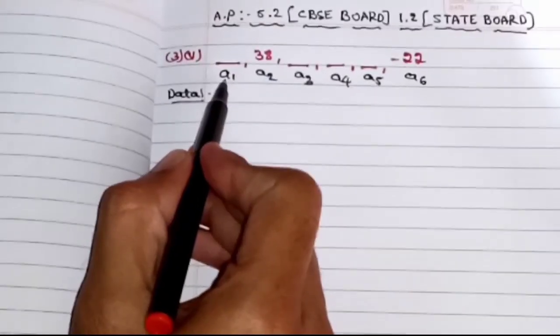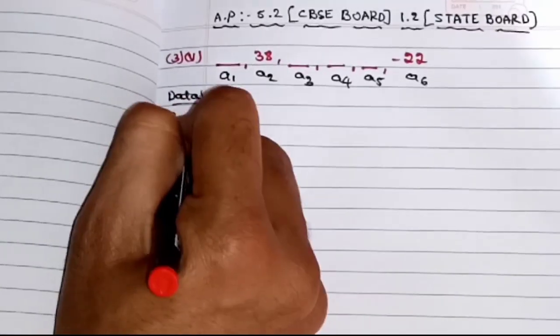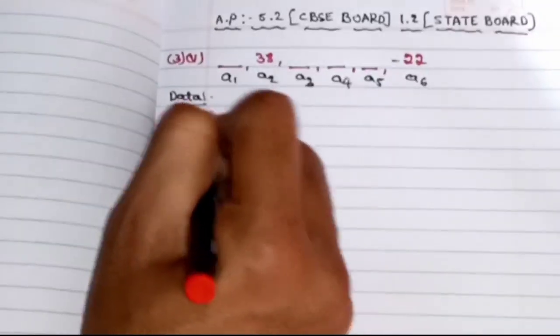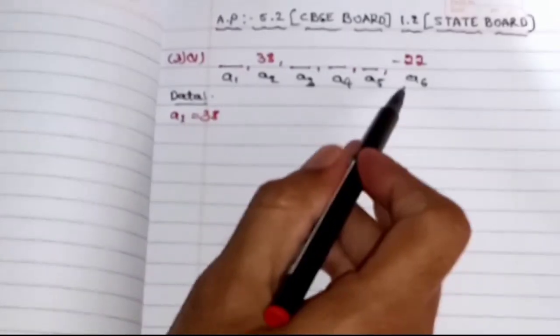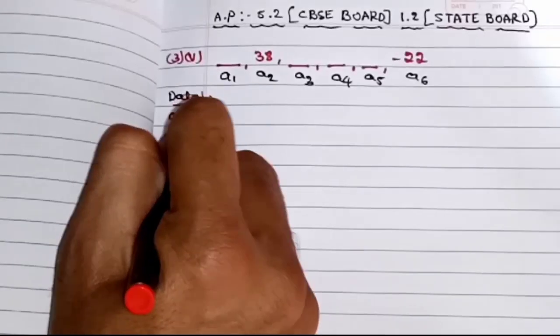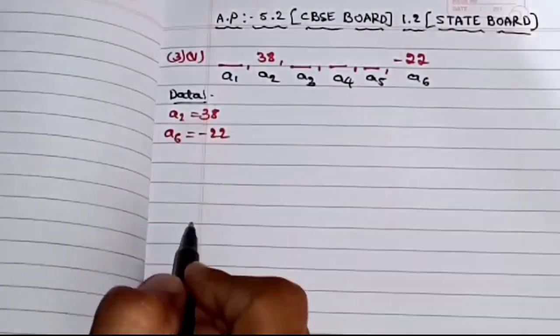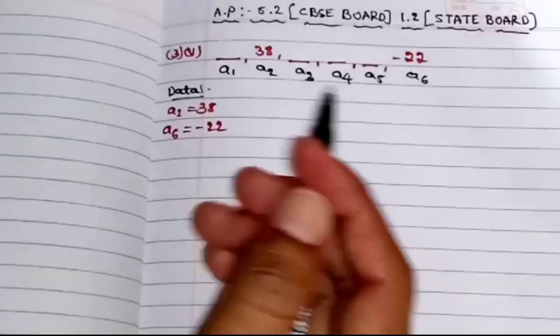So they have given a second term. A second term is how much? 38. Also they have given a sixth term. So a sixth term is how much? Minus 22. Okay. Now what you need to find out?